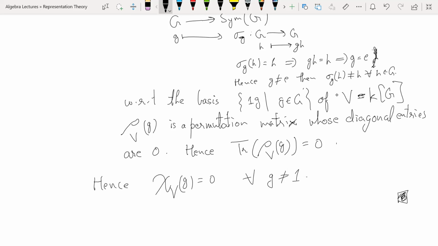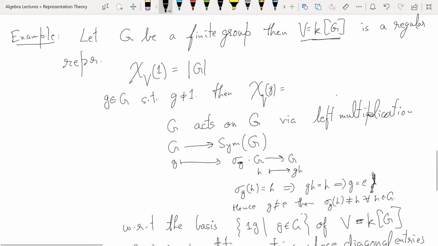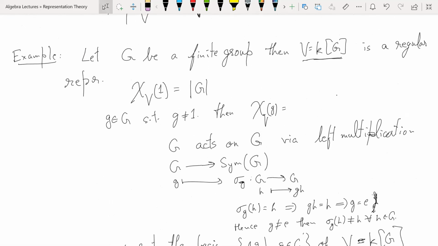So it's very easy. Similarly, if you are given any permutation representation, so if you have an action of G on a set X and you consider the corresponding permutation representation, that is, you take a vector space generated by elements of X and the representation induced by that, then computing the character is the same as computing the number of fixed points of that action.